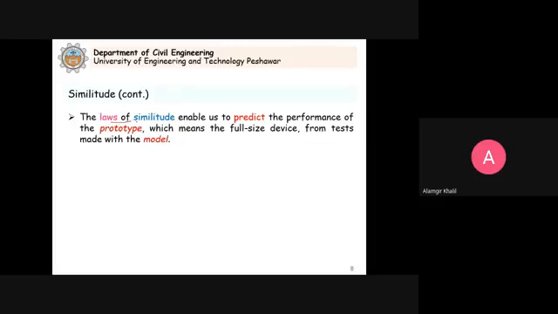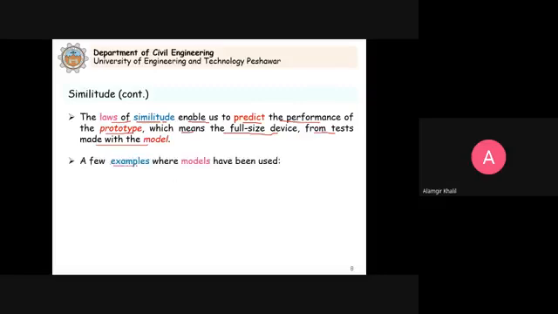The laws of similitude enable us to predict the performance of the prototype, which means the full size, full scale device, apparatus, or the actual structure, from tests made with the model. We will study in detail what the laws of similitude are. Clear?